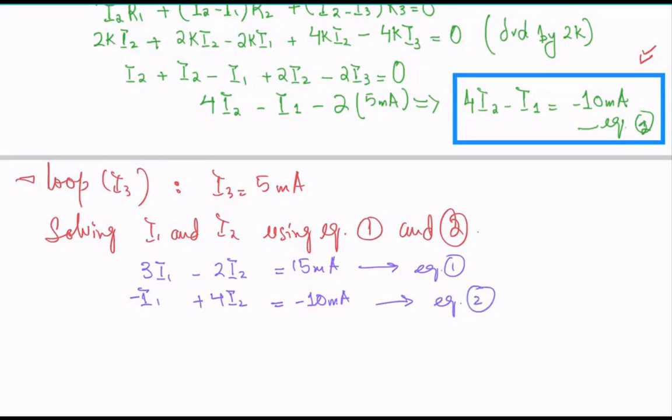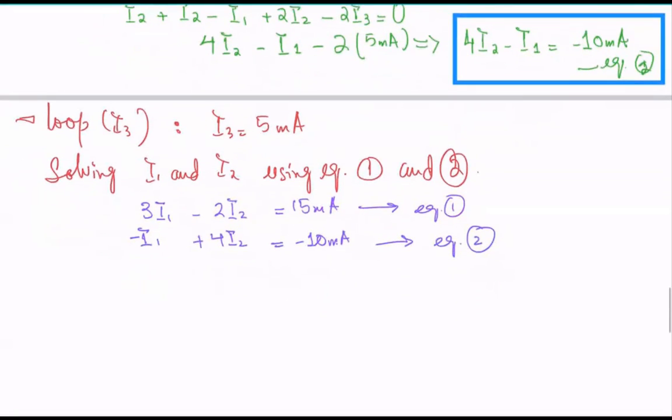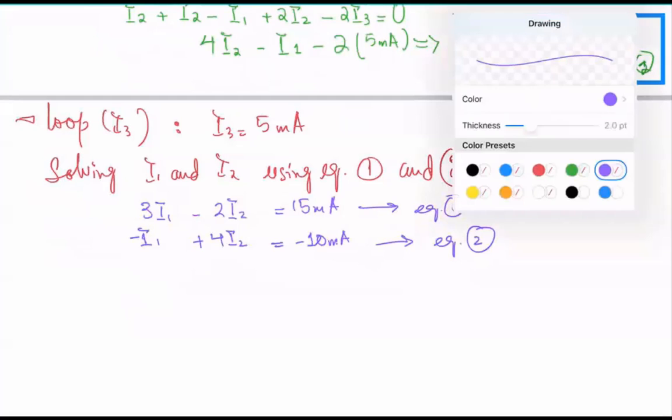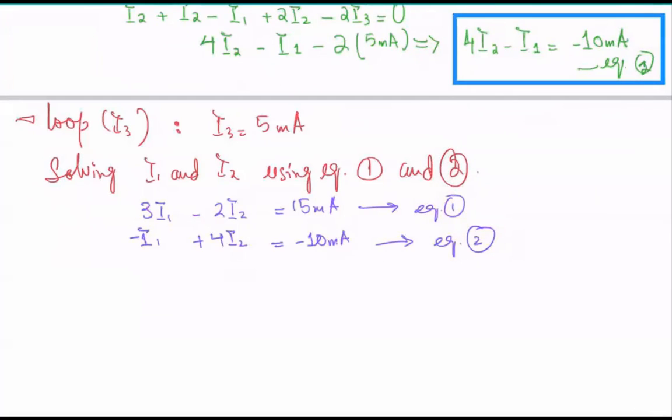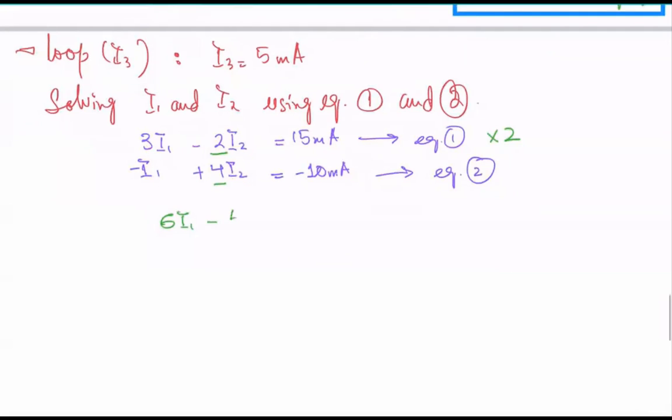Again, we have to look for making the coefficient the same. So if I multiply equation 1 by 2, this will become 4, and then this is already 4, so we can cancel out. So 3 times 2 is 6I1, minus 4I2 equals 30 milliamps, correct?